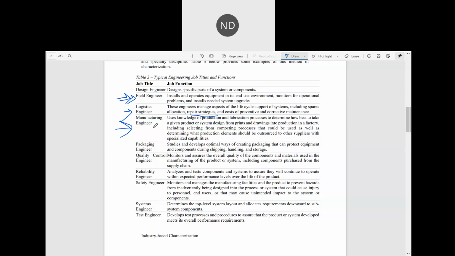On the field, suppose there are some limitations. Suppose you think this cannot be done with this machine, so you need to improve that machine. Then the manufacturing engineers will take ideas and the need of that particular work.